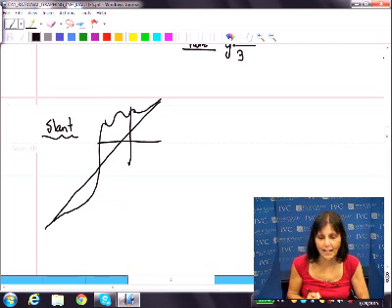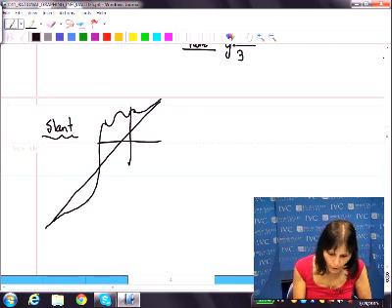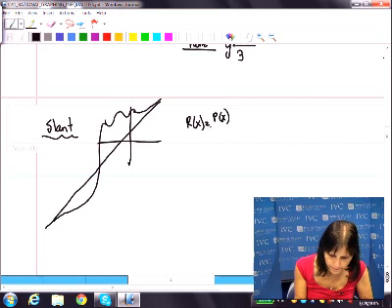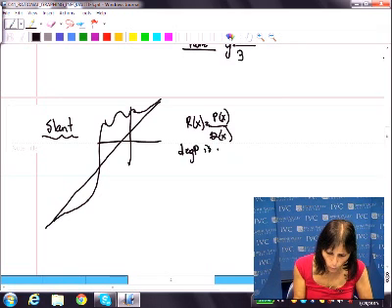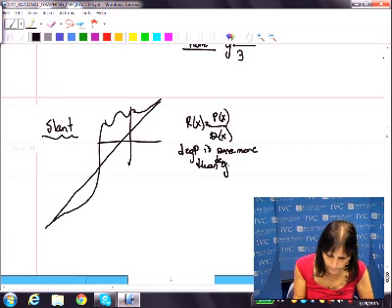Okay? Slant asymptote. That happens when, remember r of x was p of x over q of x, when the degree of the top is 1 more than the degree of the bottom.